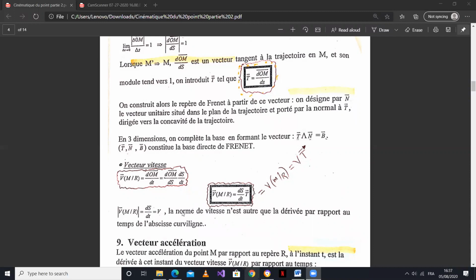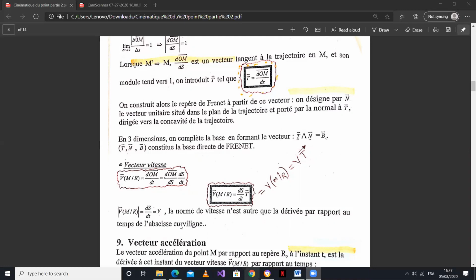So we call it: la norme de la vitesse n'est autre que la dérivée par rapport au temps de l'abscisse curviligne. Okay, so when they ask you what's the module of the vector Vitesse, you just tell them it's the derivative with respect to time of the abscisse curviligne, which actually makes sense. Because the abscisse curviligne is the distance or the displacement moved by the point matériel.